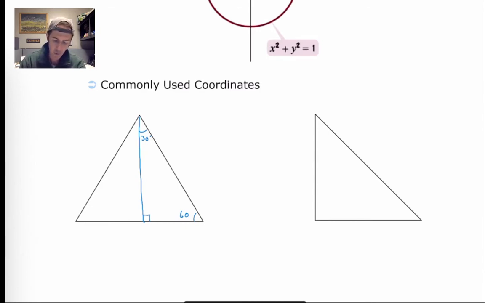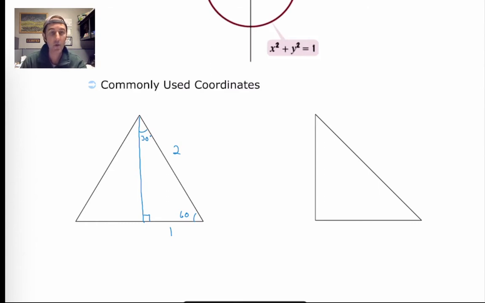If this triangle had a hypotenuse of 2, which is the long side or the side across from the 90-degree angle, the short leg of that triangle would have a measure of 1, just because of the nature of the side lengths of a 30-60-90 triangle.